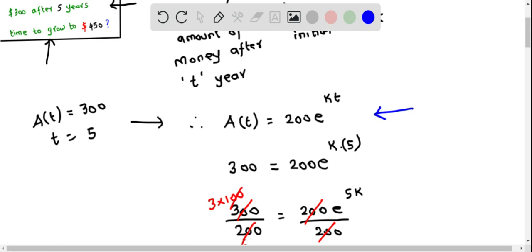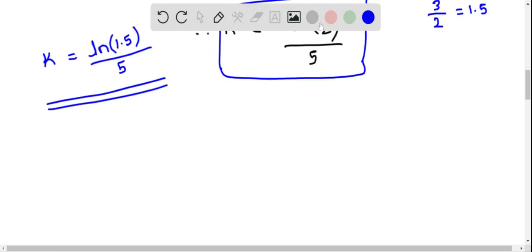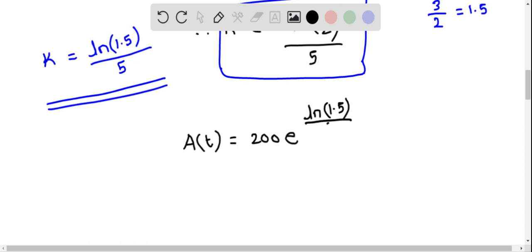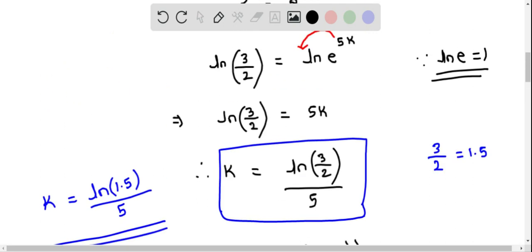So the amount function A of t equals 200 times e raised to the power of kt. Let me replace k by this expression: the natural logarithm of 1.5 divided by 5, multiplied by t. So this is the amount function that we have obtained after finding the value of k.